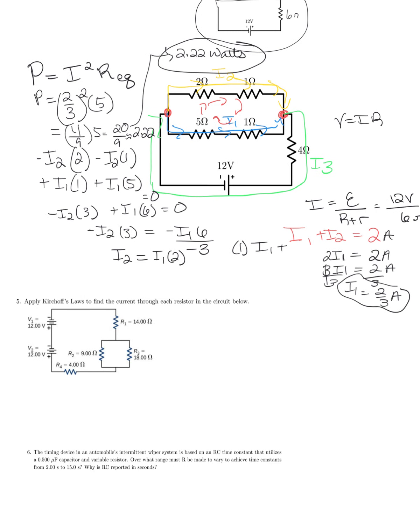Then we used that information and put it in the form of an equation down here of I1 plus I2 equals 2 amps.